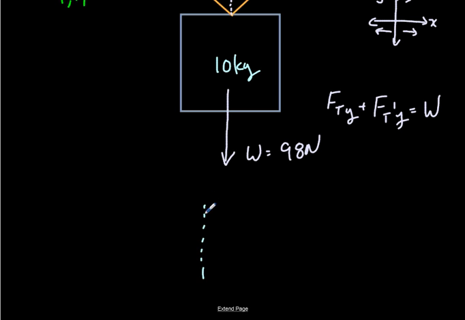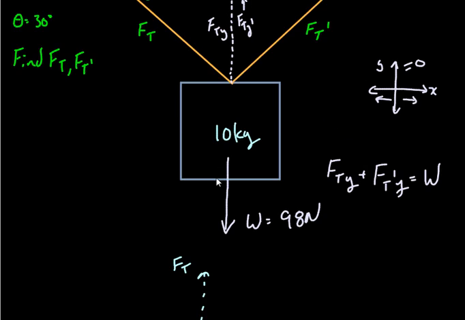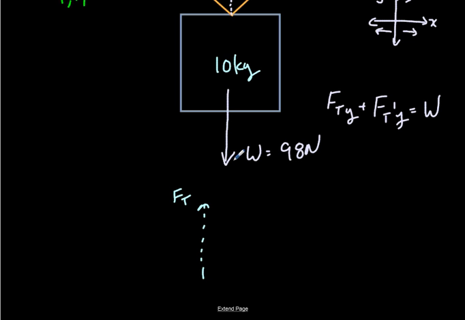And we could say, okay, the y component of Ft, so that's that. And we said this was 30 degrees. Sorry, I didn't draw that in a very good spot. Here, Fty has to be equal to half the weight. So it must be equal to 49 newtons.